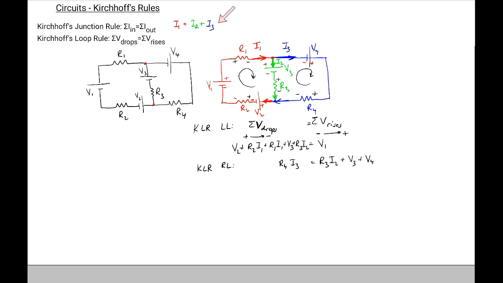We have the junction rule, which says that I1 is I2 plus I3, and we have two loop rules. One for the left loop, V2 plus R2 I1 plus R1 I1 plus V3 plus R3 I2 equals V1, and the loop rule for the right loop, which says that R4 I3 is R3 I2 plus V3 plus V4.